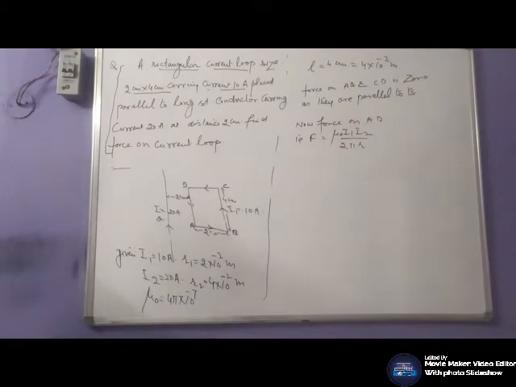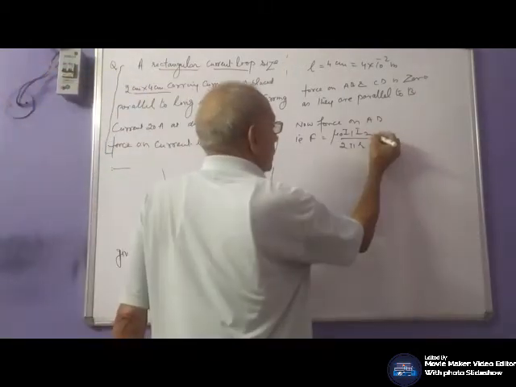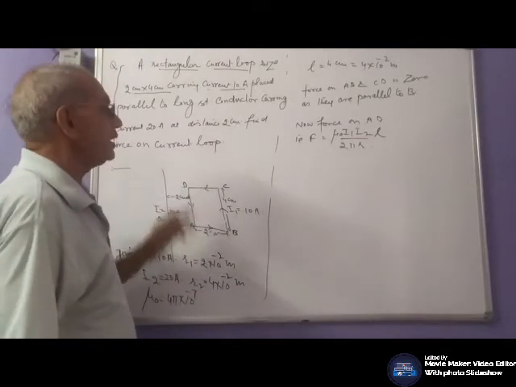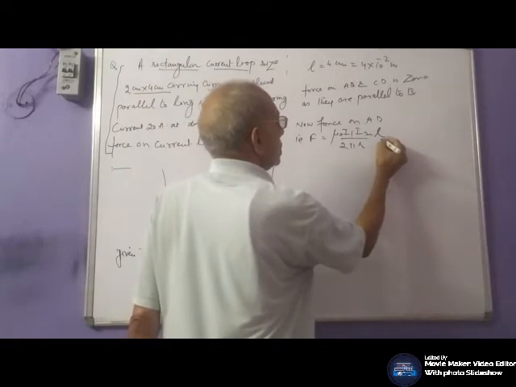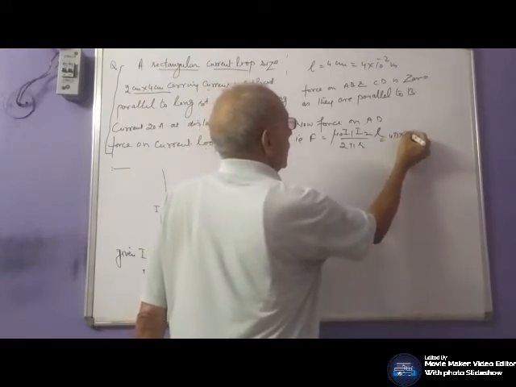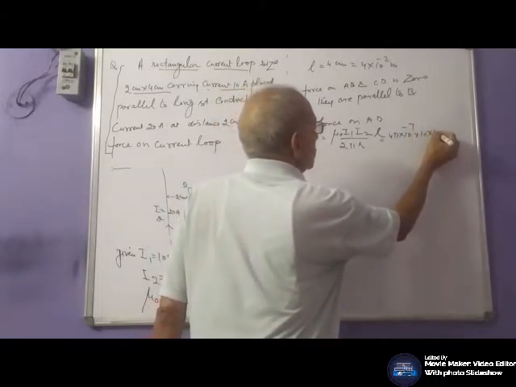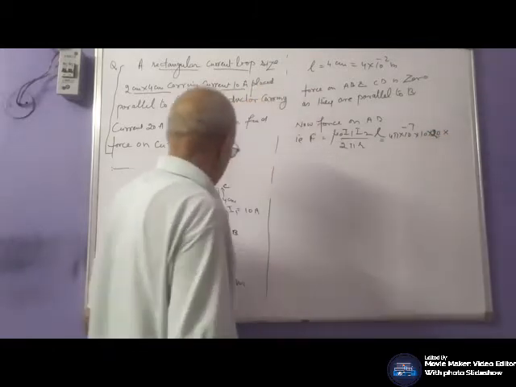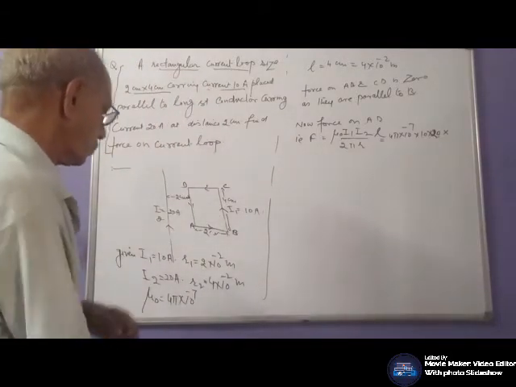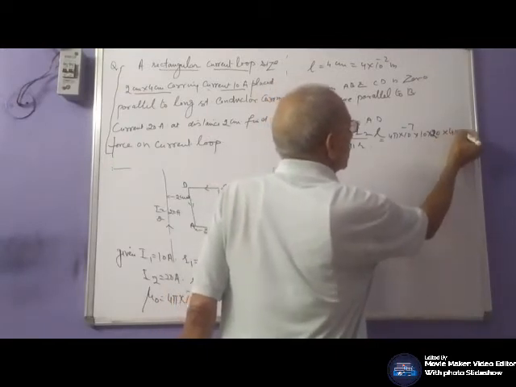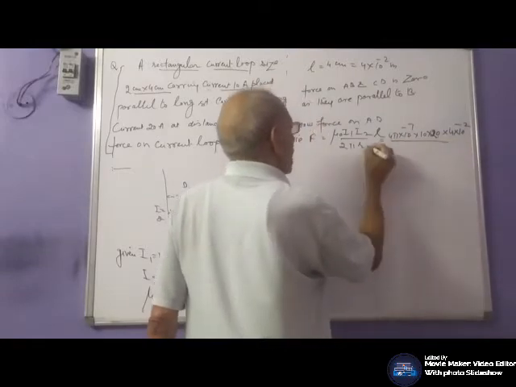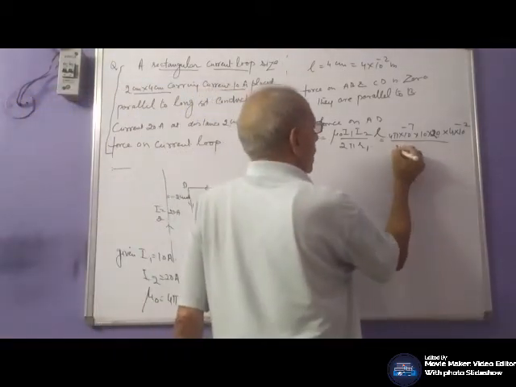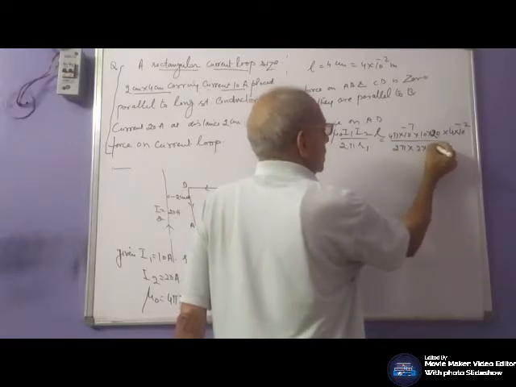This is force per unit length, multiply by length, it is force now. Force on AD: mu naught is 4 pi 10 to the minus 7, I1 is 10, I2 is 20, L is 4 times 10 to the minus 2, r1 is this distance, 2 centimeter.